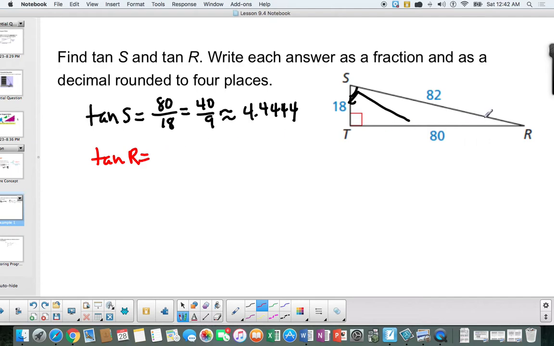Now I'm going to change my color and find the tangent of R. Now here's R right here, and the opposite leg is 18, and the adjacent leg right here is 80. I'm going to reduce to 9/40, and I'm going to put this in my calculator, and I'm going to get 0.225, there's no rounding here, and since it said 4 decimal places, I'll just put a 0 to get that 4th place in there.